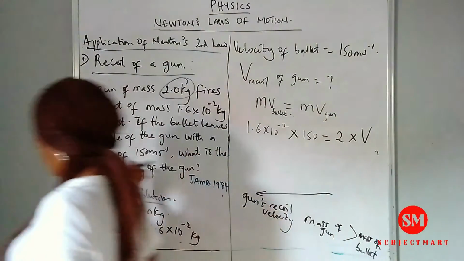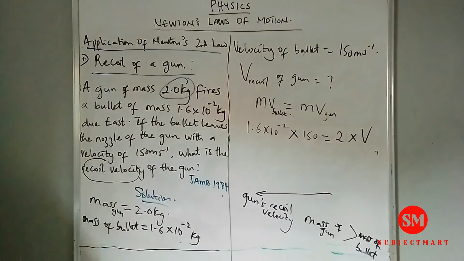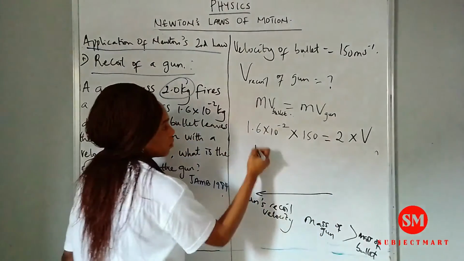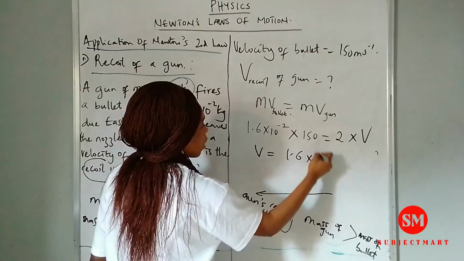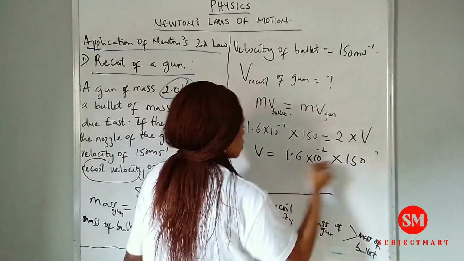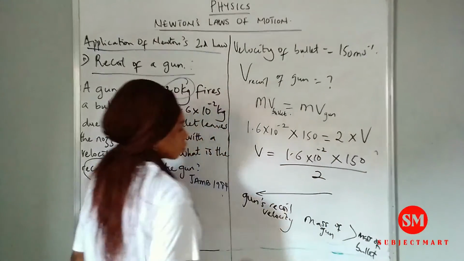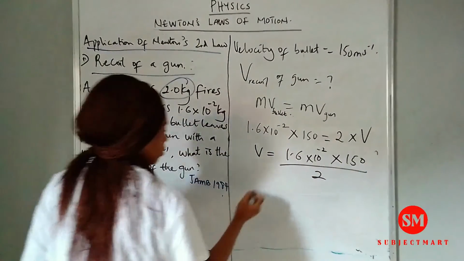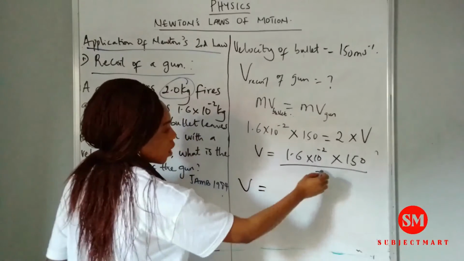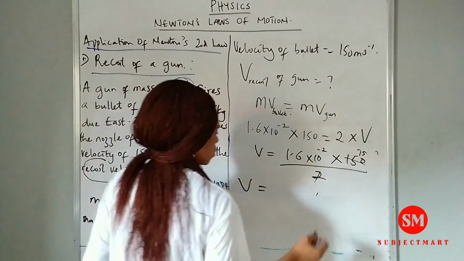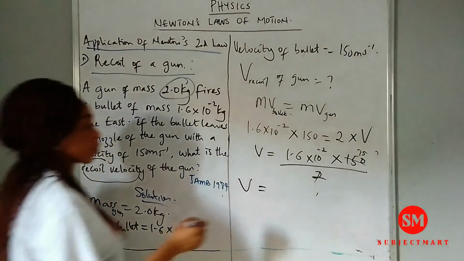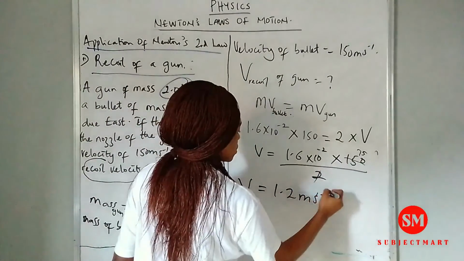So V is equal to 1.6 times 10 raised to the power minus 2 times 150, all over 2. Two here, 1, 2 here is 75. So by the time we multiply what we have here, it's going to give us 1.2 meters per second.